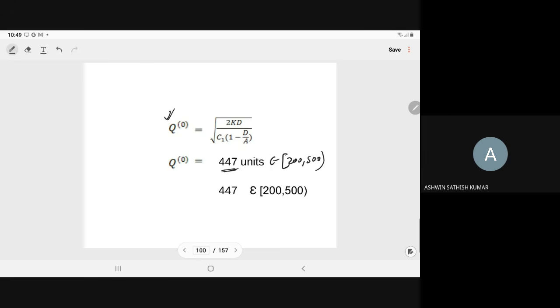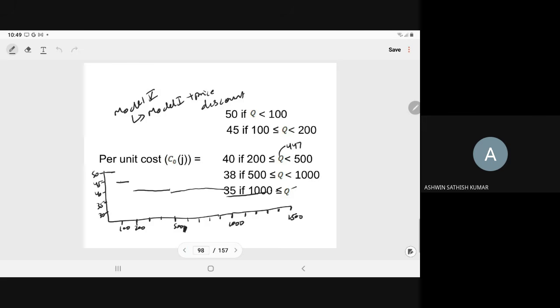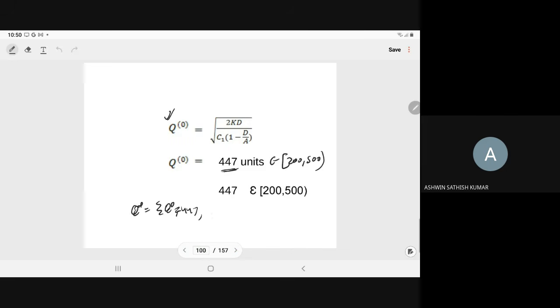It means Q star can be either Q naught, which is 447, or the left limit of the right interval, so 500 or 1000.